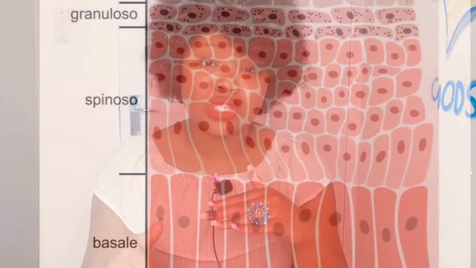Then these cells are also superficially pushed upwards. They're leveling up now from stratum basale to stratum spinosum.